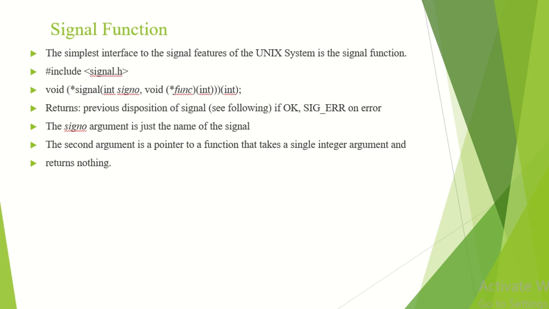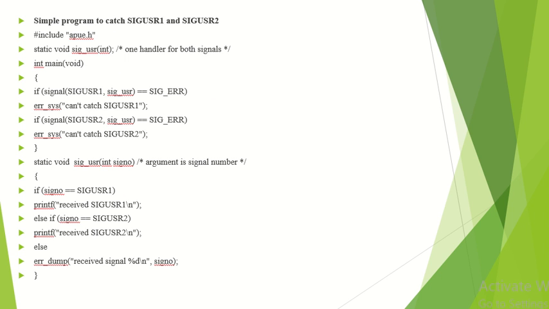To focus on this function, we need to take one example program. Here we have SIGUSR1 and SIGUSR2. These two signals are used for IPC, that is inter-process communication.